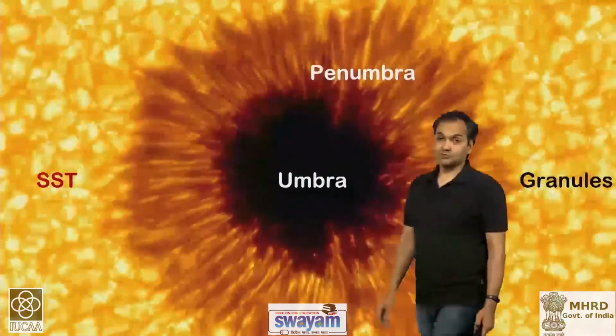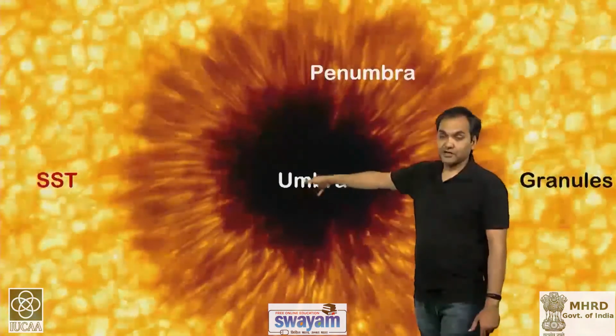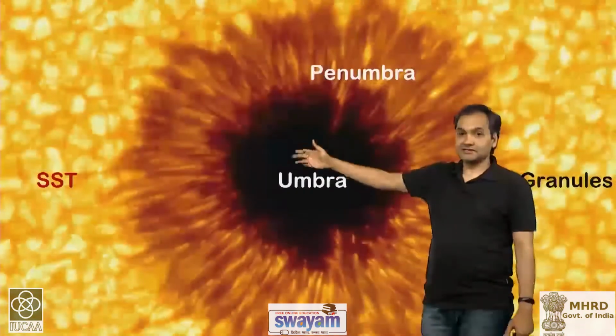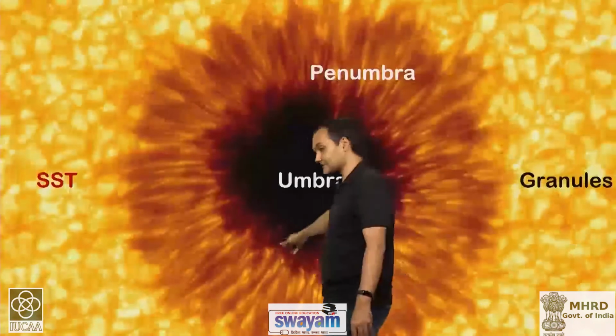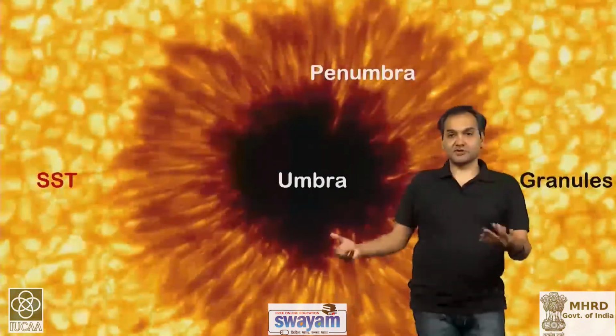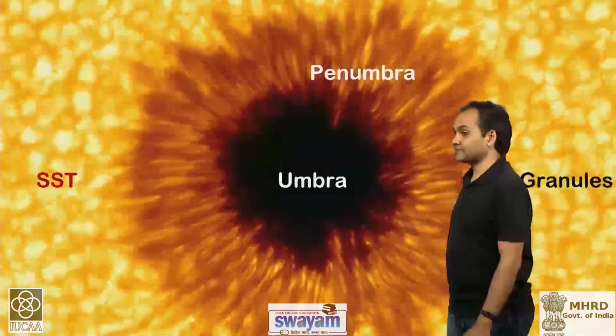Now, why do sunspots look dark? Because, as I will mention tomorrow, these sunspot regions have a very strong magnetic field, and in the strong magnetic field region the convection is essentially quenched. Therefore, the plasma which is supposed to come through convection is not coming, and it is less bright.